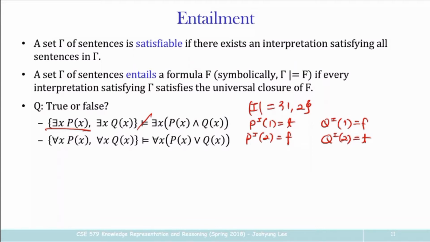So you might think that I need to apply this particular interpretation, and if you do that, what happens to the left-hand side? Is it false? Then is the entailment true? Okay, there are more steps, let's go through it. So take this particular interpretation. Does it satisfy the left-hand side? No, it does not satisfy the left-hand side.